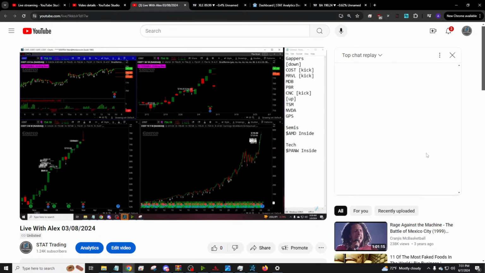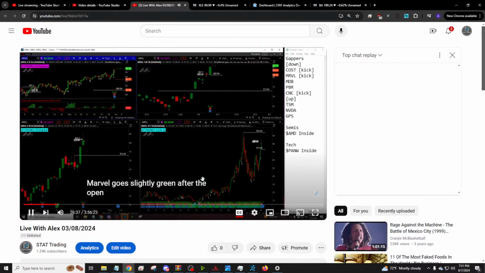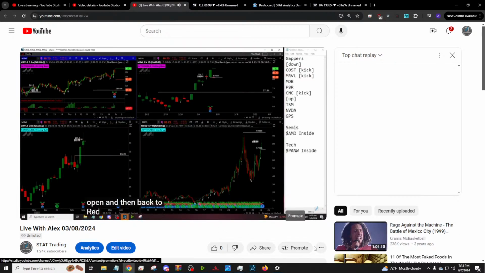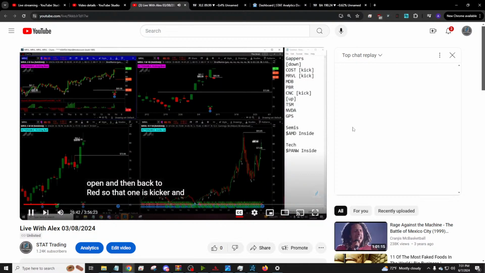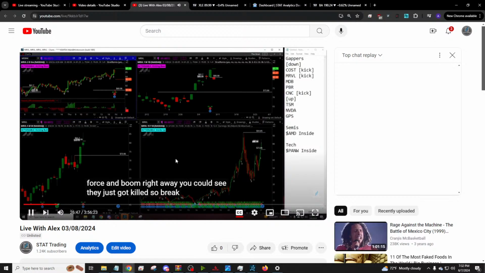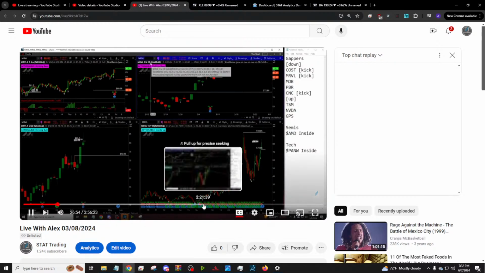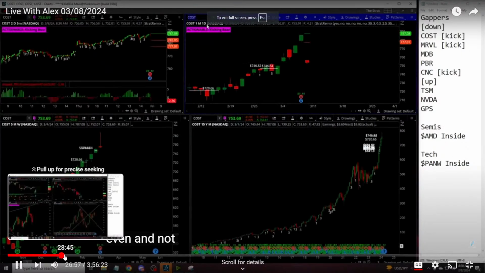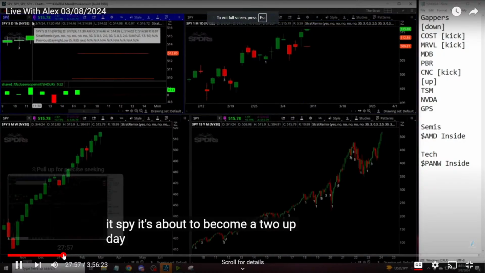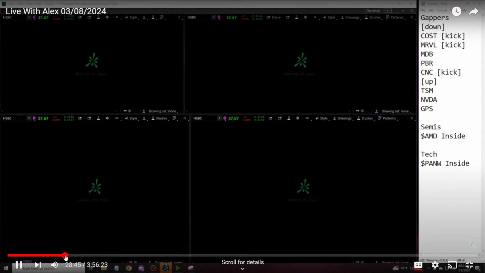Costco is simultaneously a kicker with Marvel on that same day. So there's your green to red move in Marvel, and that's our initial short entry right there. And then we mentioned break even. This one actually does stop us out and then re-trigger, so we'll see that as well.